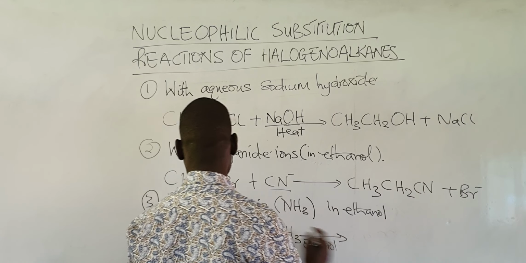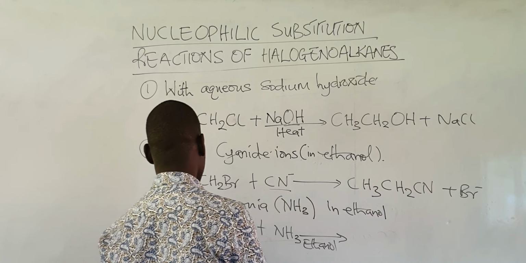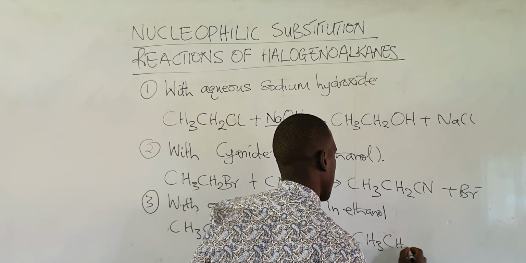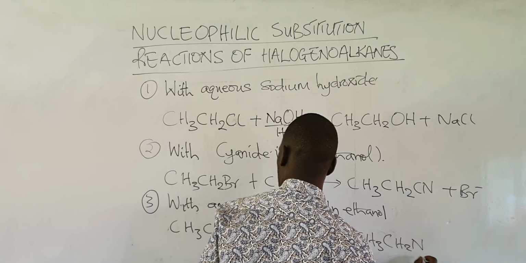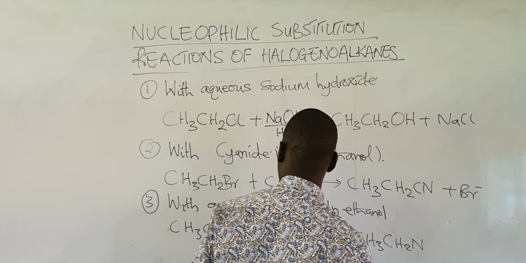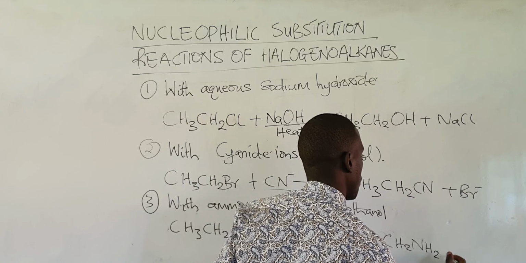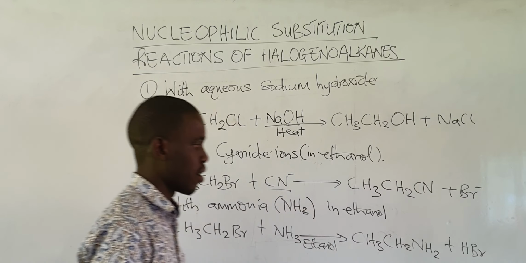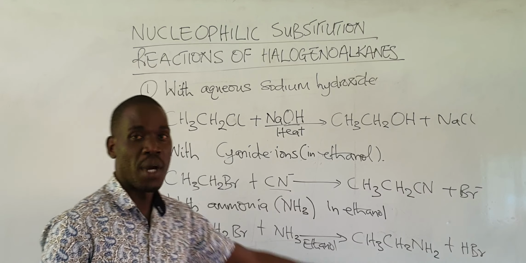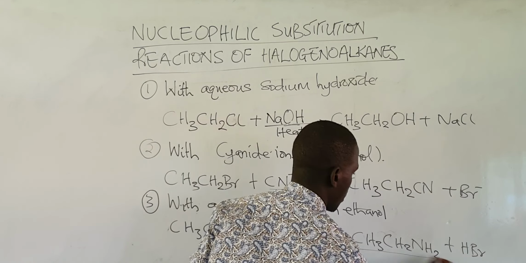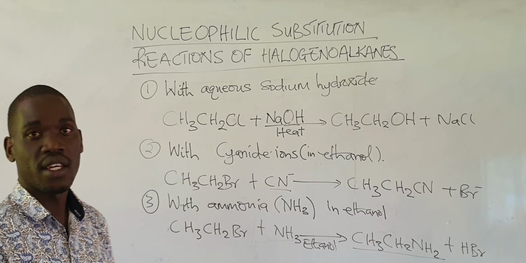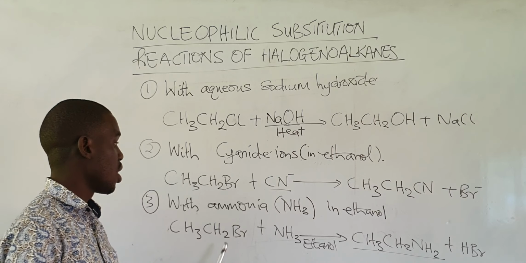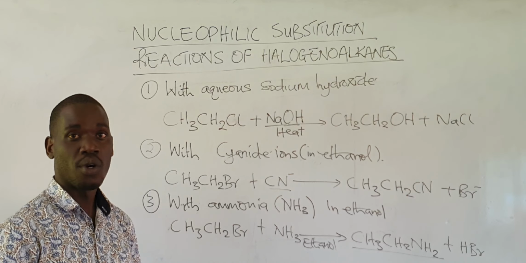We form CH3CH2NH2 plus HBr. So you have here aminoethane, the product of the nucleophilic substitution reaction of this halogenoalkane, which is bromoethane.